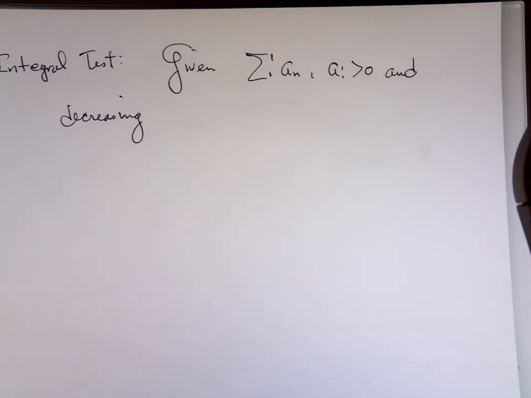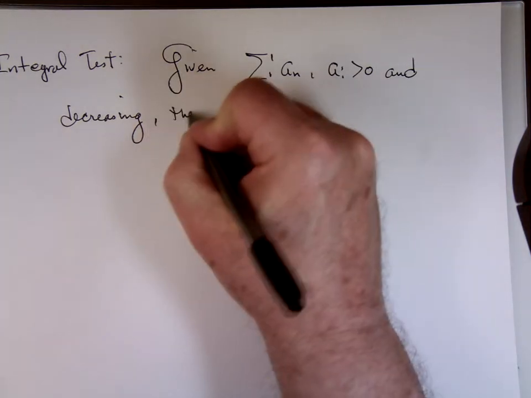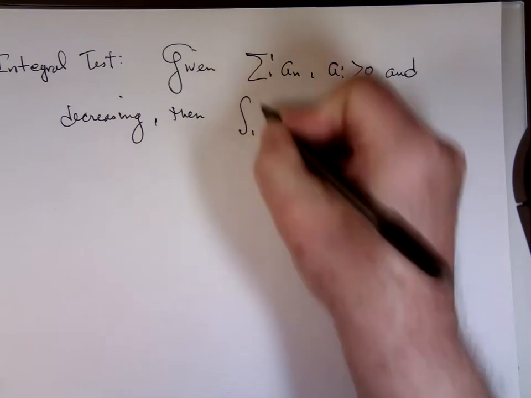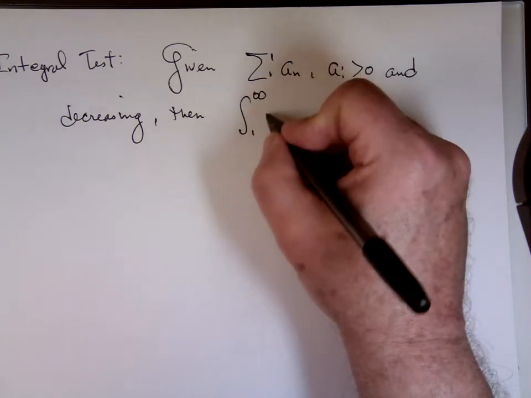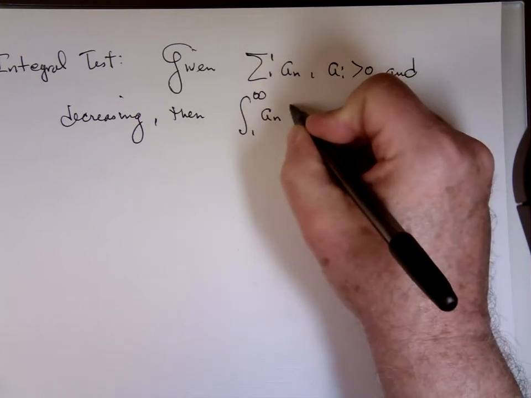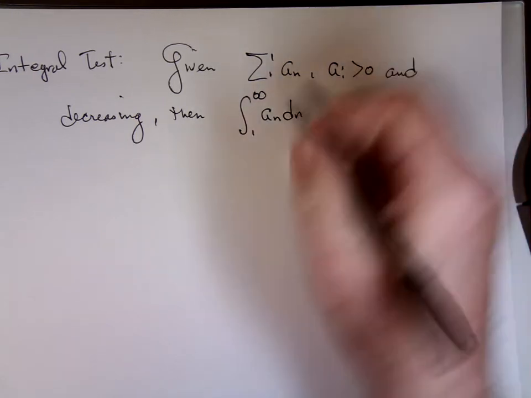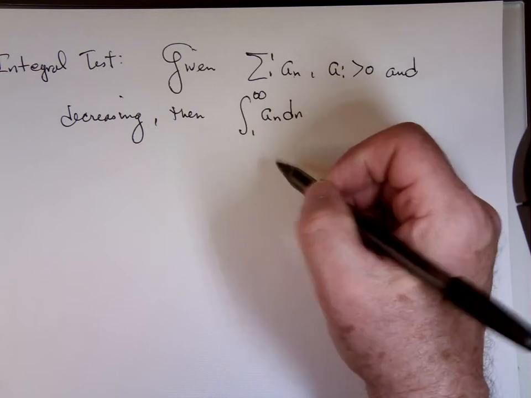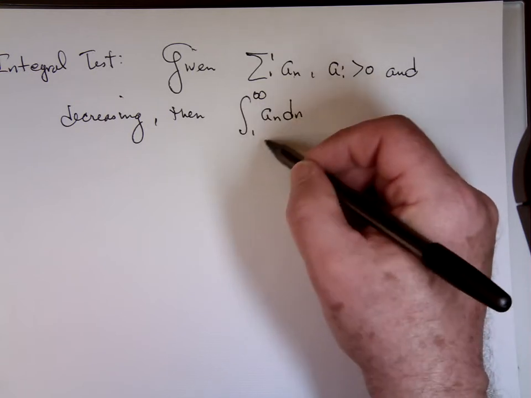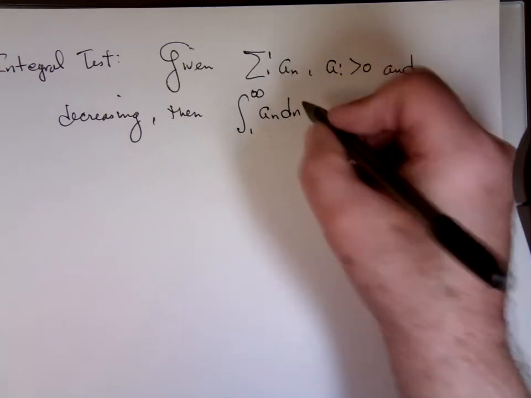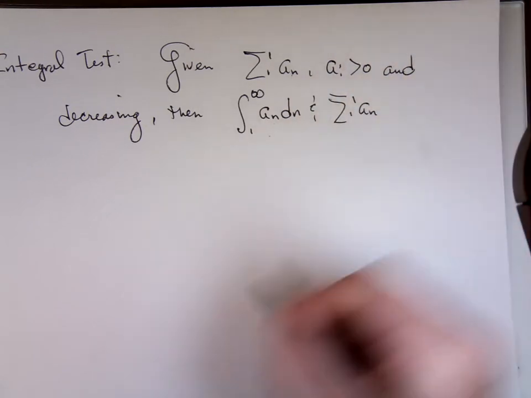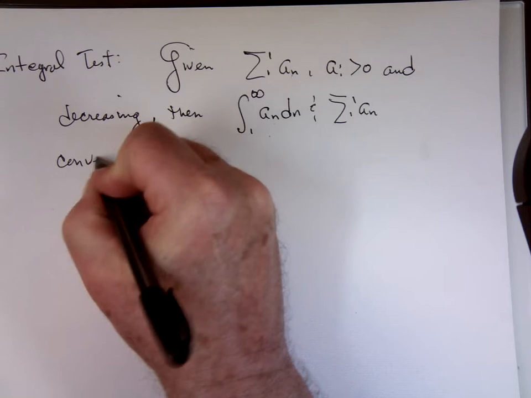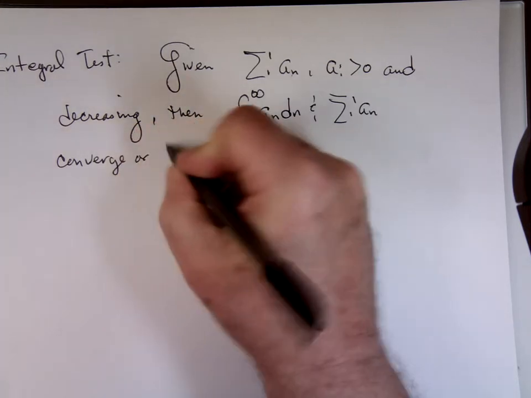Then the integral from 1 to infinity of the nth term, written in terms of x, and the series converge or diverge together.